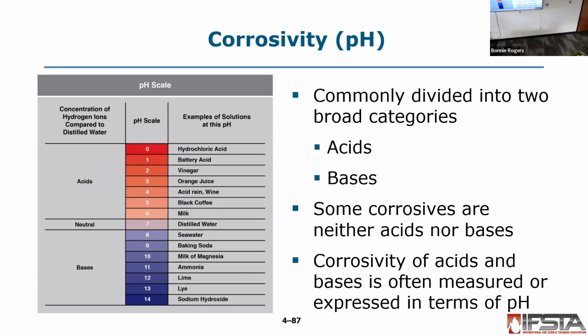Okay, so acids are on a scale from 0 to 7, and then bases are from 7 to 14. So something with a pH of 0 is what? Yeah, it's highly acidic. And then a base of 14 is very basic.